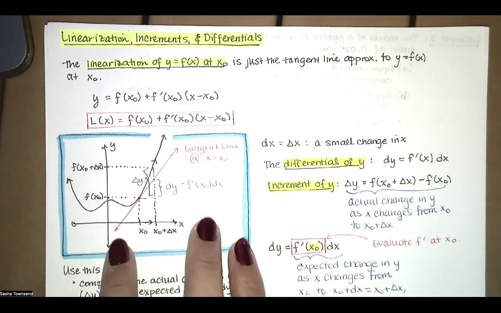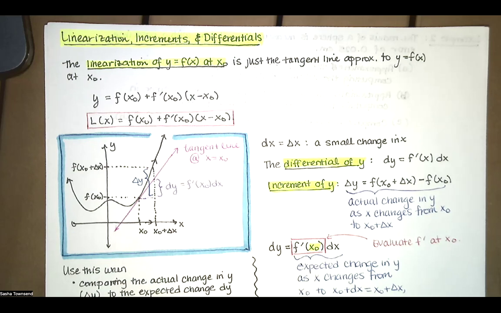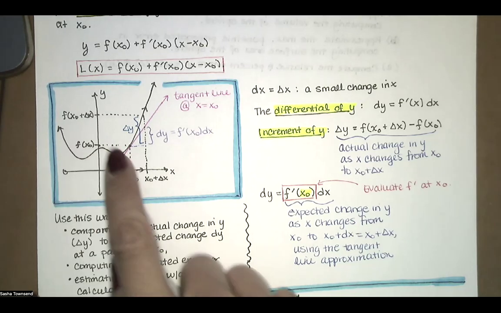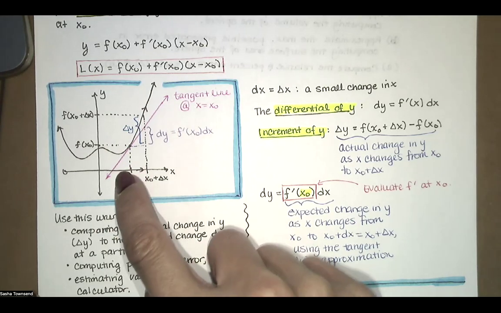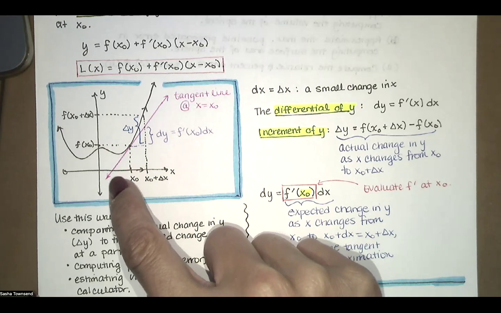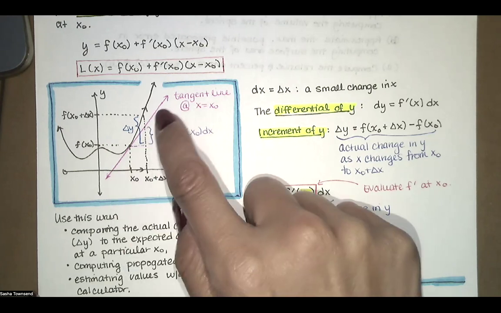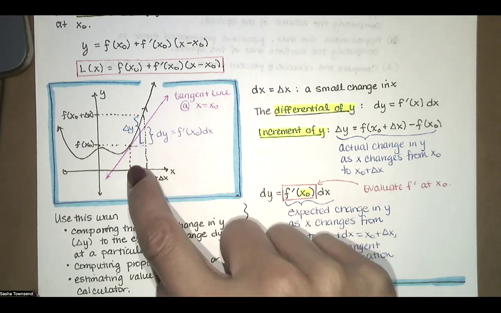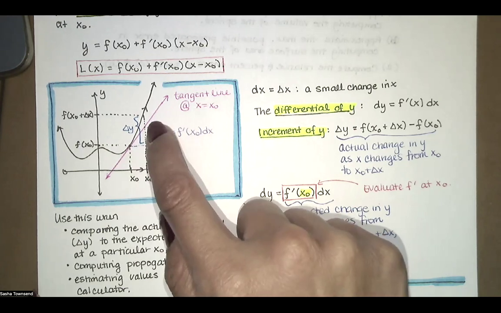Now, in this section, we're going to use some notation that bothers me a little bit, but that's okay. It's pretty standard. It's in pretty much all of the textbooks. So let's say you've got a function y equals f of x, and then you find the tangent line approximation or linearization of y equals f of x at x equals x naught. So I've got this tangent line, and it's approximating the function.